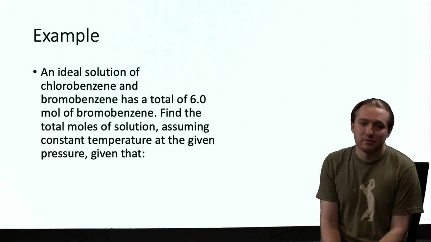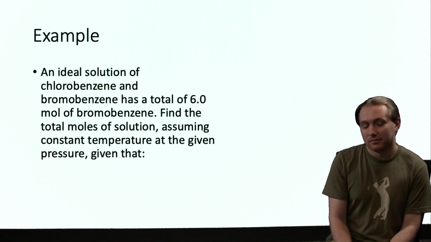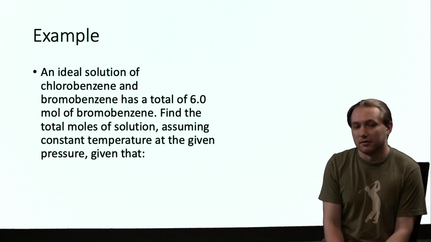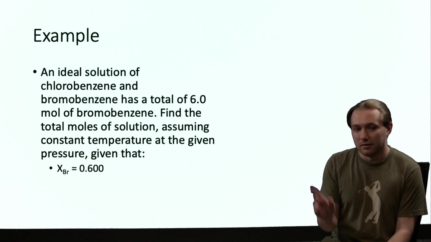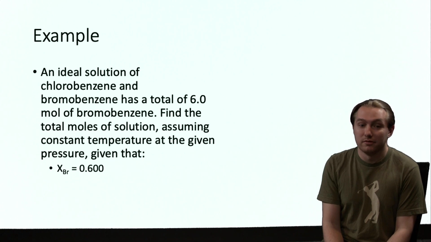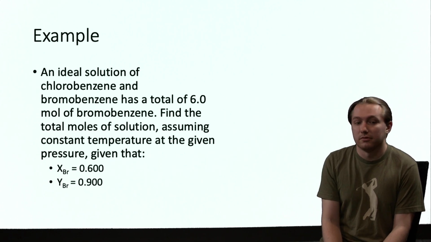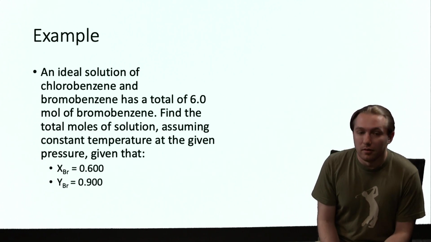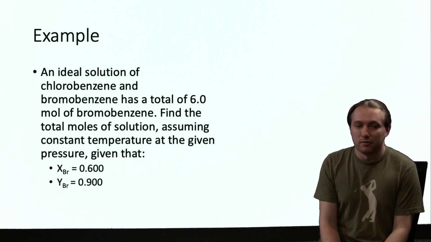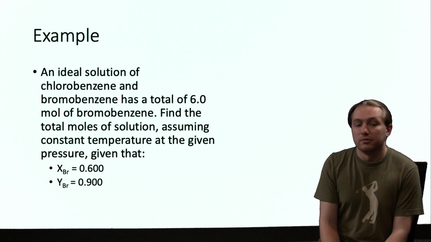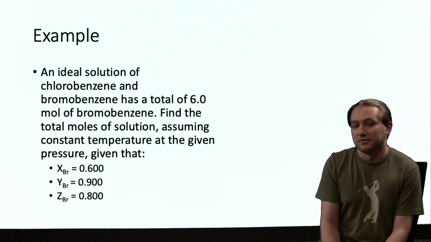We're looking for the total moles of solution, assuming constant temperature at a given pressure, given that the mole fraction of bromobenzene in the liquid is 0.600, that the mole fraction in the vapor for bromobenzene is 0.900, and that the average composition of bromobenzene is 0.800.